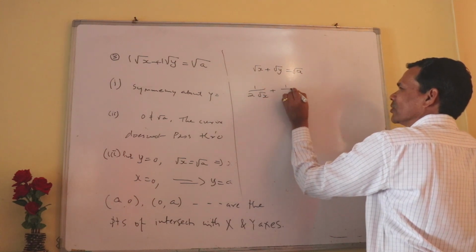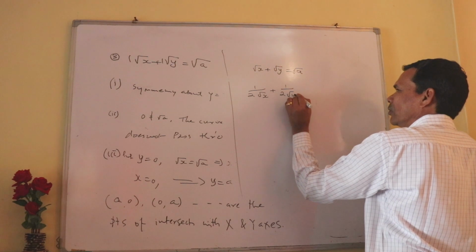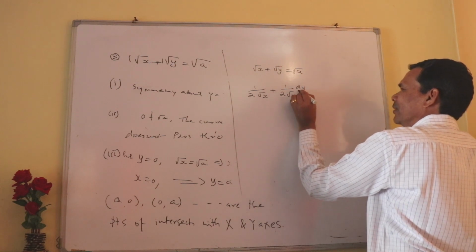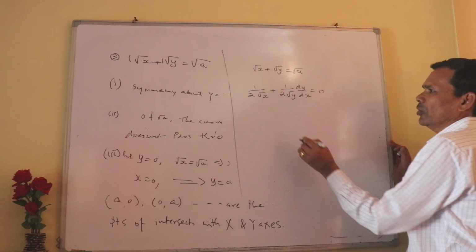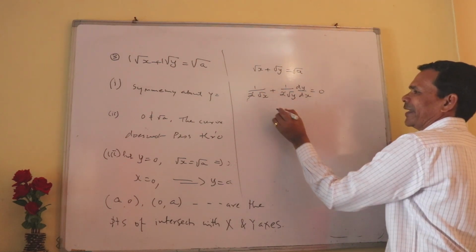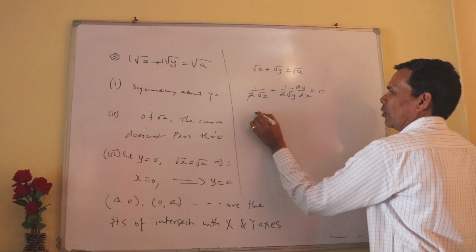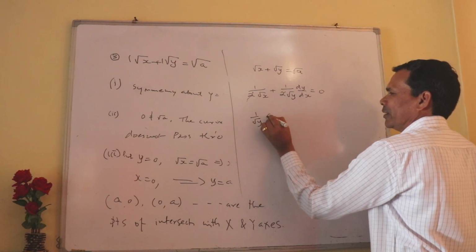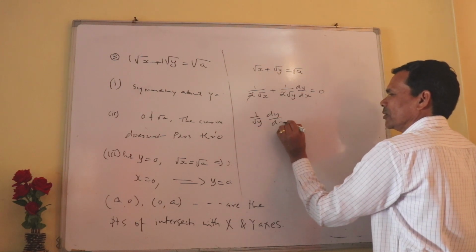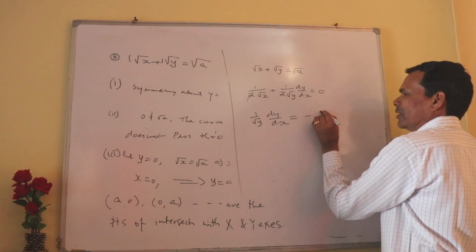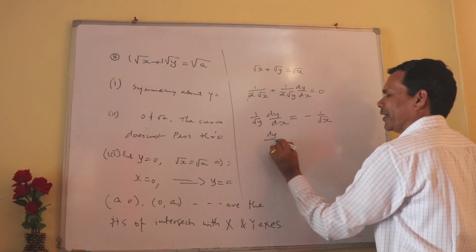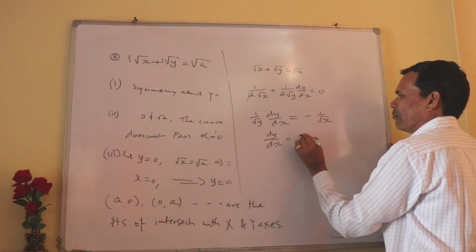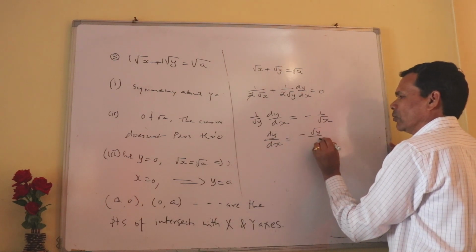The derivative of root y is 1 upon 2 root y into dy by dx. This is equal to a constant, whose differentiation is 0. So the 2s cancel from here. So 1 upon root y dy by dx is equal to minus 1 upon root x. So dy by dx is equal to minus root y upon root x.